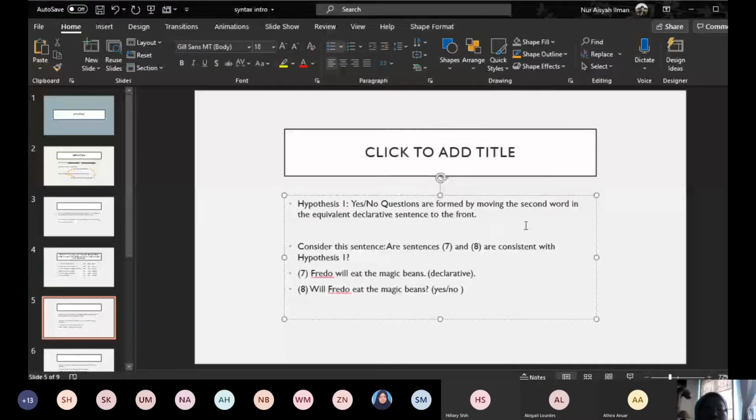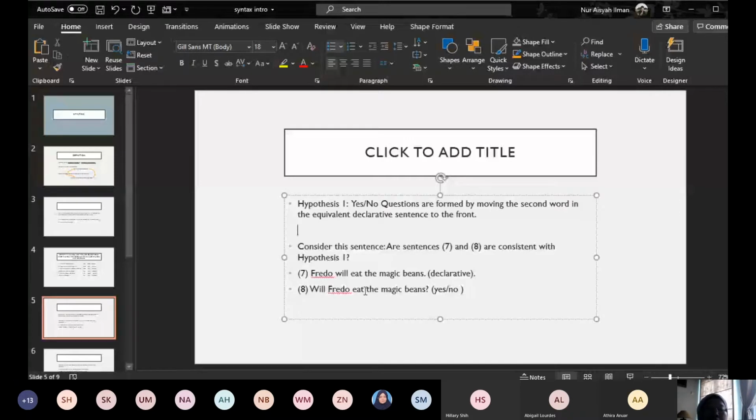Okay, so now we look at sentences 7 and 8. Sentence 7 is the declarative: Frodo will eat the magic beans. And then we form a yes no question in sentence 8: will Frodo eat the magic beans?